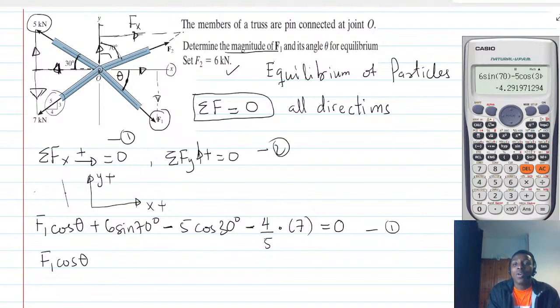So minus what? 4.29. Okay. So I'll bring the 4.29 here and it becomes positive, 4.29. So let's call this equation 1.